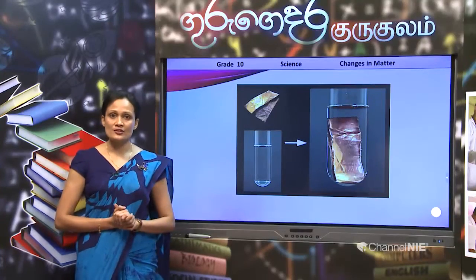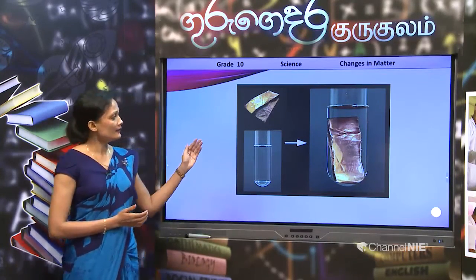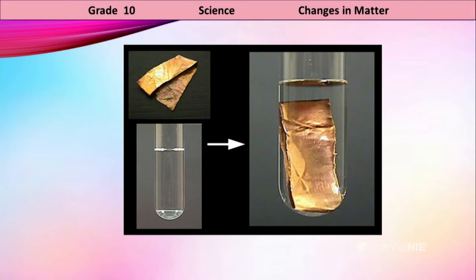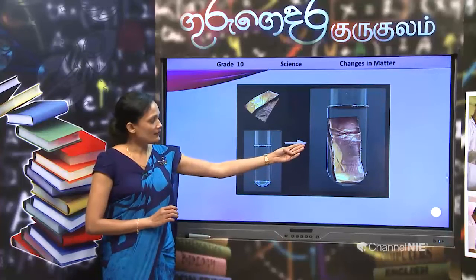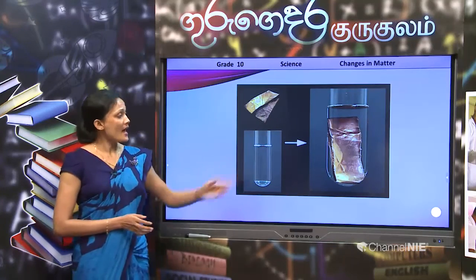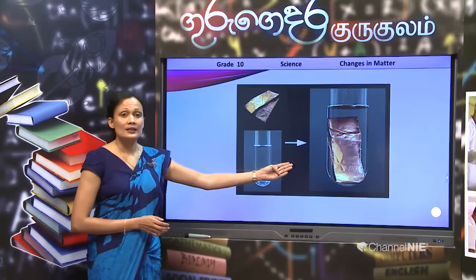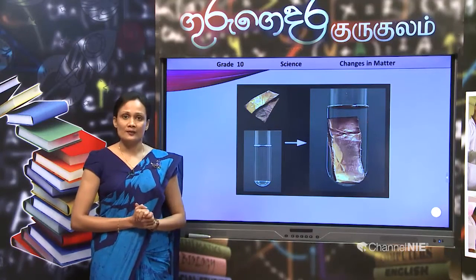Look at this picture. Here, copper strip and zinc sulfate solution. If we are adding copper into zinc sulfate solution, what happens? Look at this picture. Here, the copper strip is added to the test tube with zinc sulfate.